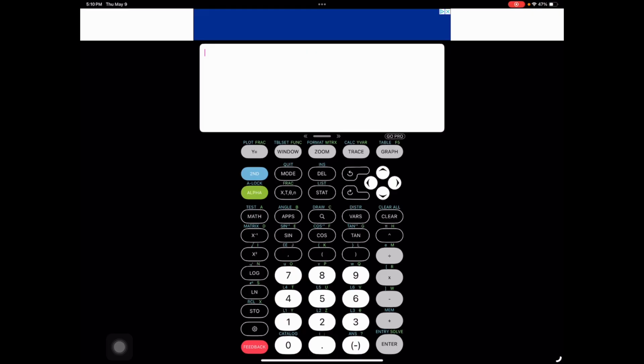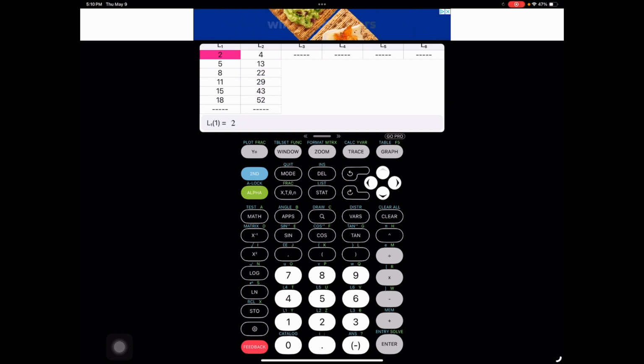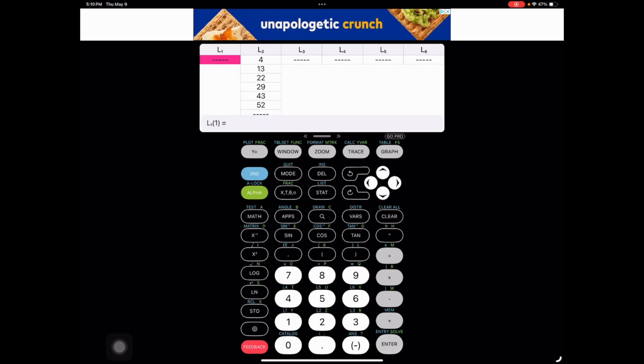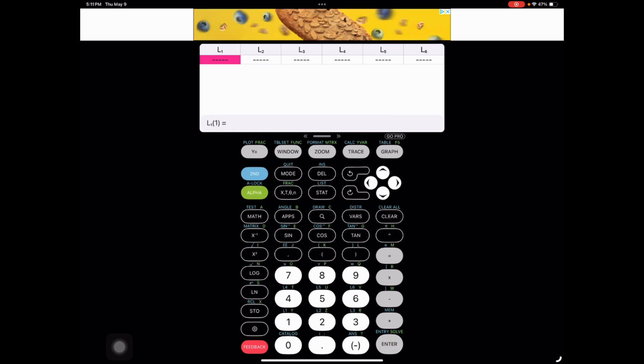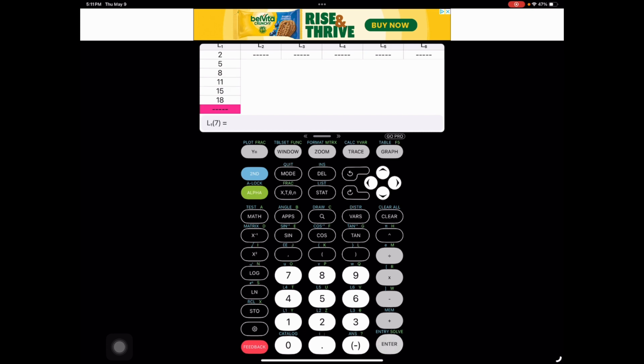So I will head to Stat and Edit. I've got to get my data in there. I want to clear out what's in there. So remember, you can go up to the name of the line, hit Clear and Enter, and that'll wipe everything clean. So now we'll move on and enter our new data. We have 2, 5, 8, 11, 15, and 18.